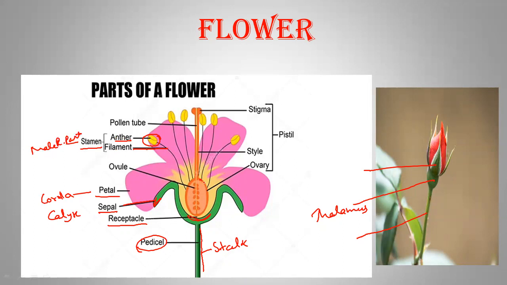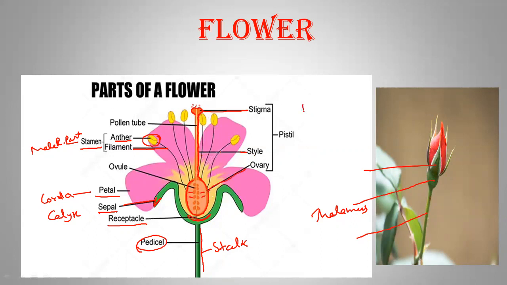Now, can you see this oval-shaped structure? This is the ovary, and the ovary has ovules inside it. And at the top of the ovary, this stalk keeps growing higher, and at the end of this stalk, this cushion-like structure is known as stigma. Pollen grains come to this stigma, and this stalk is known as style, and this is the ovary.